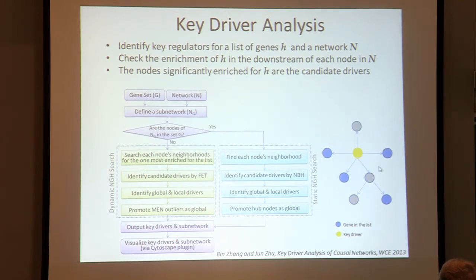You find the neighborhood most enriched for the input gene list, and if this enrichment is significant, we can claim that this is a potential driver gene. Then we can rank order all those candidate driver genes based on a statistic like an enrichment p-value. That's the basic concept.